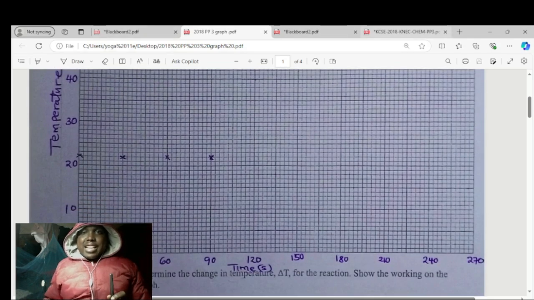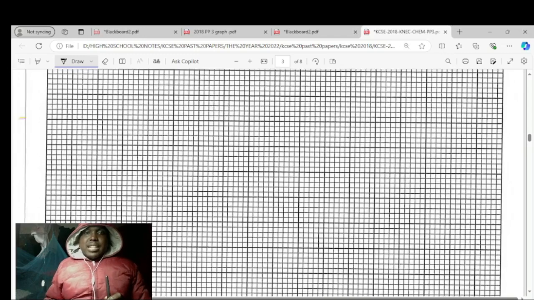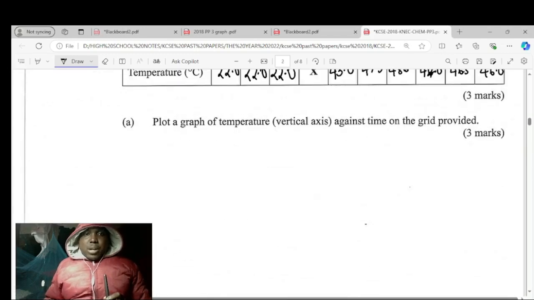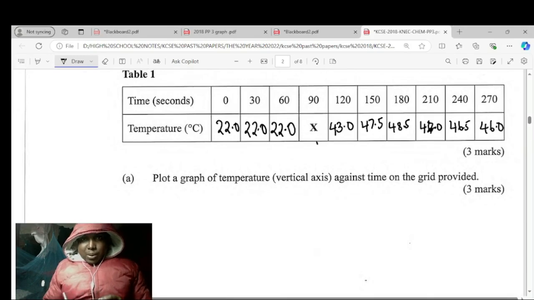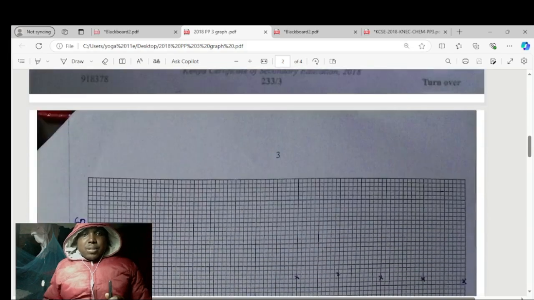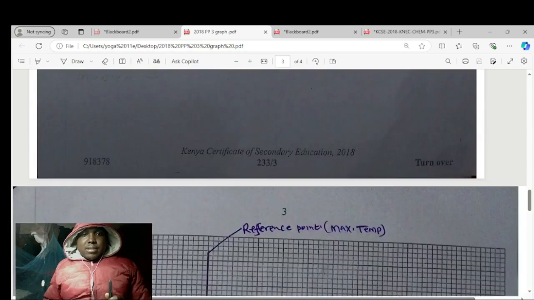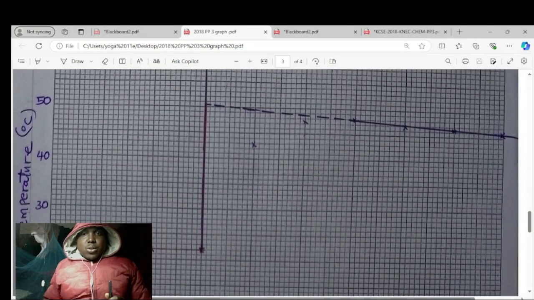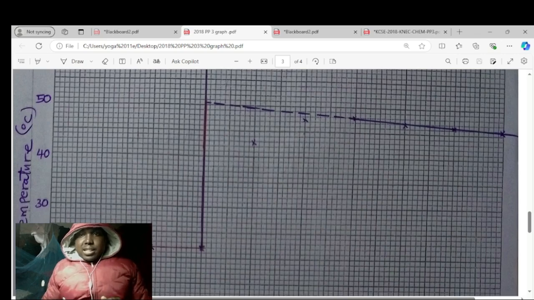This X here is our reference point, the X we put in the table. So you take these four points on this side and draw a line using them until it reaches here.